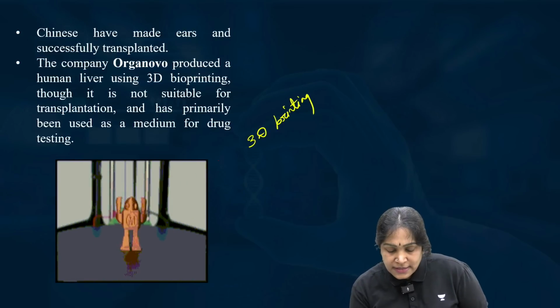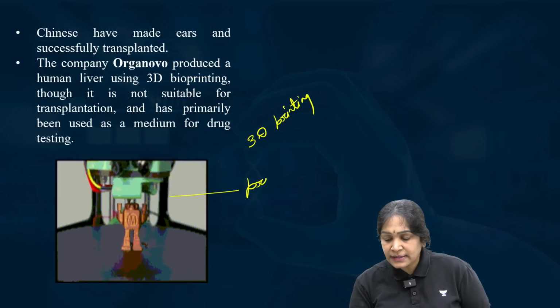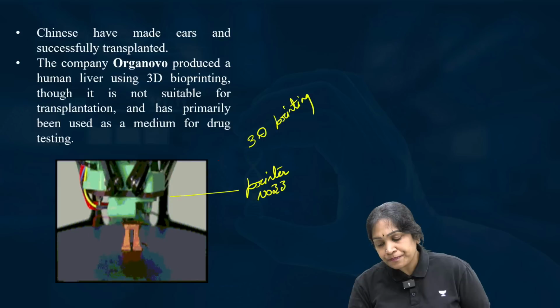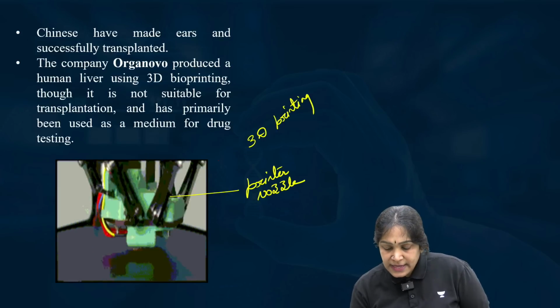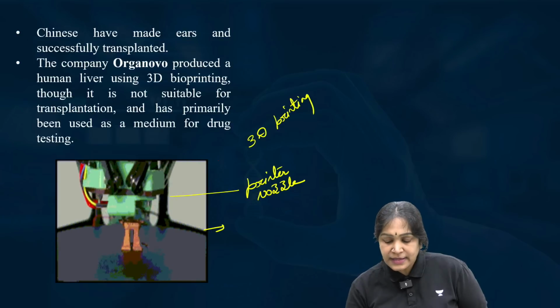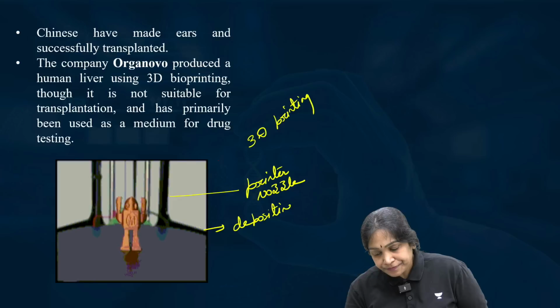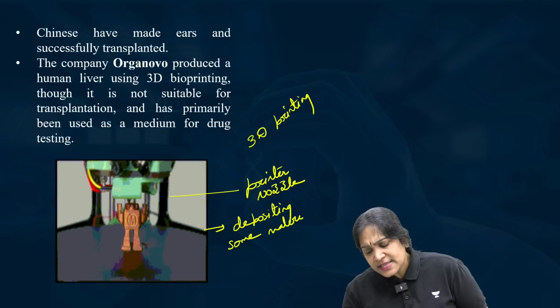What is this green color thing? That is the printer nozzle. That is depositing some material. Simple.